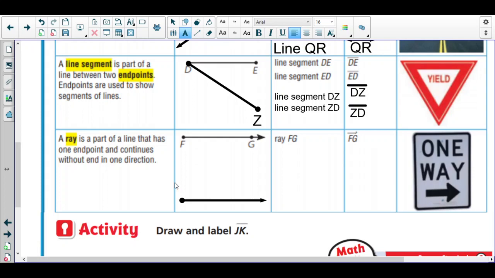So I'm going to label this ray G and then D.